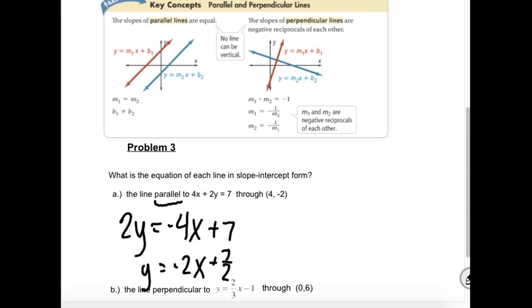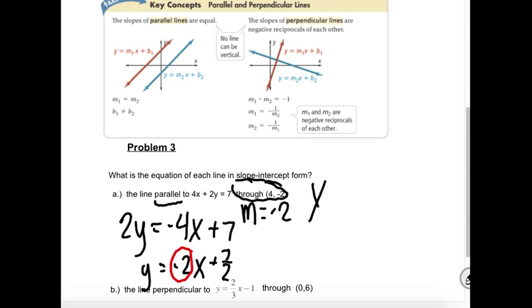All I care about is this slope. So I'm going to make a little note to myself that my slope is -2. So now I have a slope. I have the point that I want it to go through, that (4, -2). So I'm going to put that into my point-slope equation.